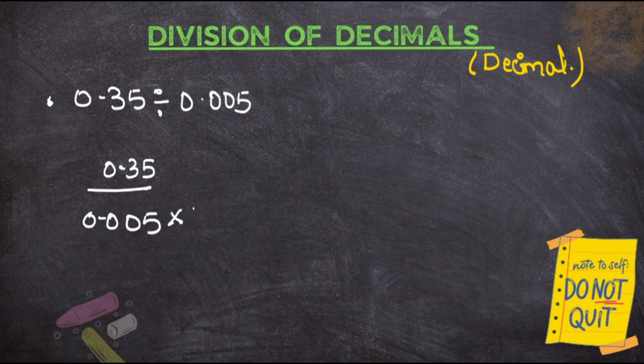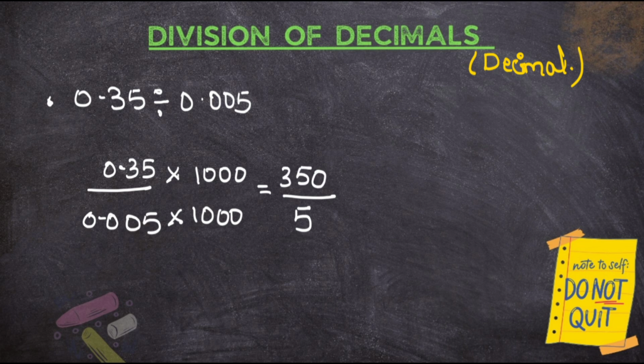That means I will be multiplying it by 1000. Same thing, I will do in the numerator. So here in the denominator it becomes 5, and in the numerator you have to move the point 3 digits because you are multiplying it with 1000. So 1 digit is done, second digit is done, third digit there is nothing, so put a 0.